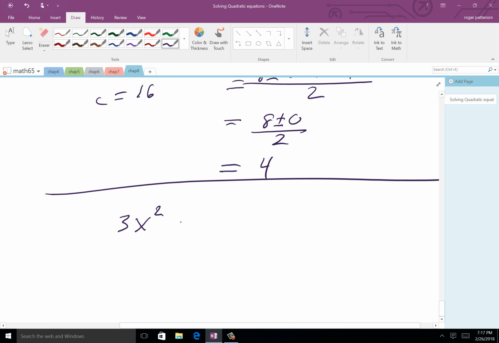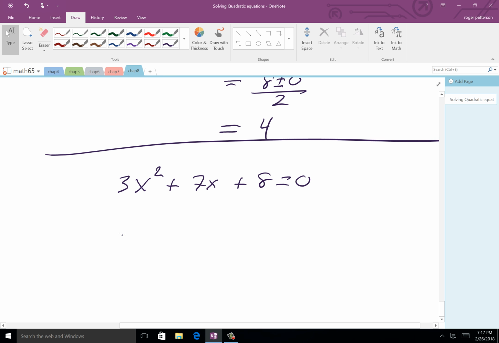Let's try one like this. Let's go with 3x squared plus 7x plus 8 equals 0. So what's A? 3. And B? 7. And C? 8. There we go. X equals. What am I going to put here in the beginning? Negative 7.